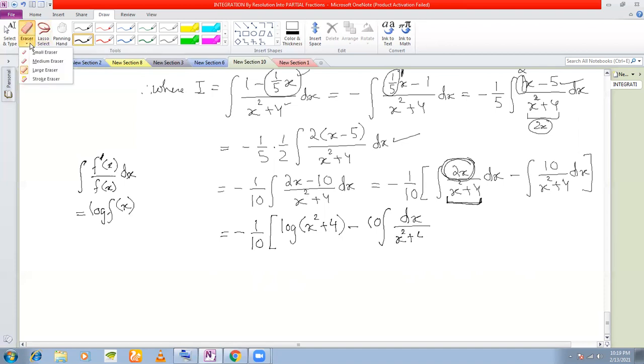Or let's write this as x square plus a square. x square plus 4 is x square plus a square, or x square plus 2 square. Now, if you remember, I just gave you this integral. Remember, you will be using this integral very frequently. Although we have not discussed it much, the integral of dx by x square plus a square is 1 by a tan inverse x by a.